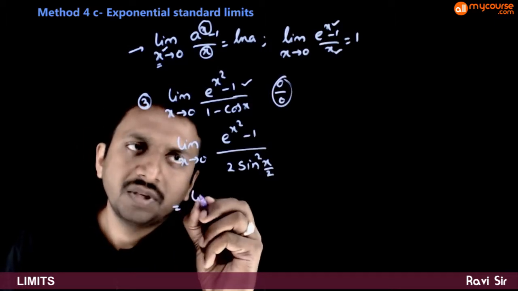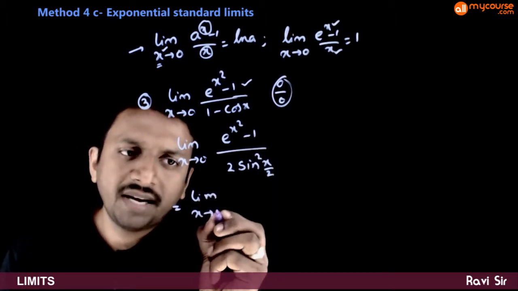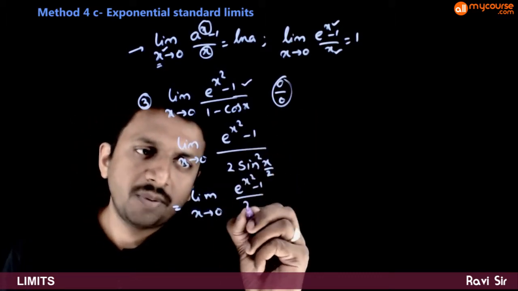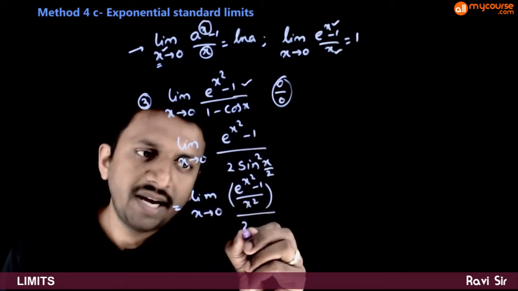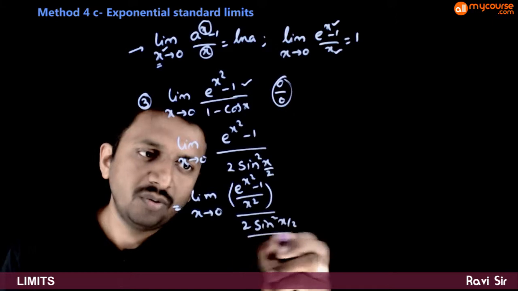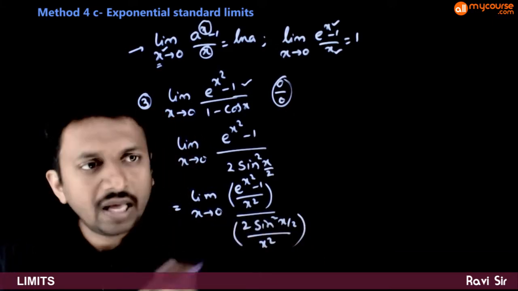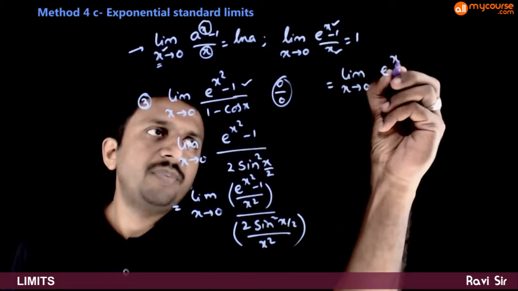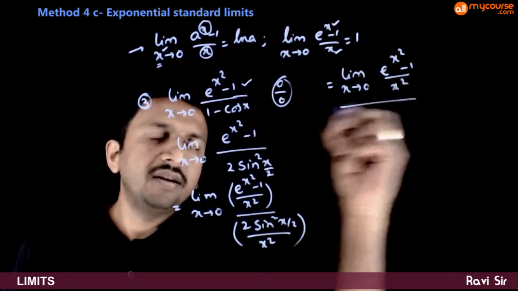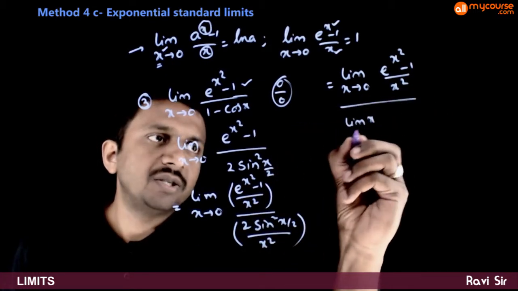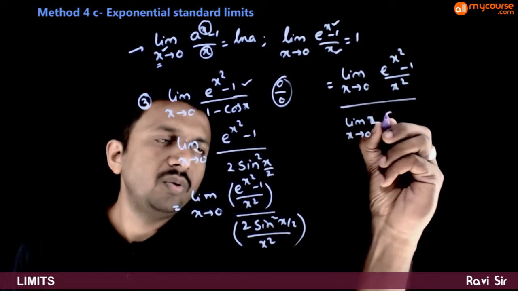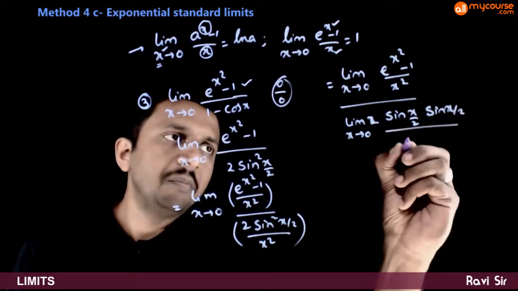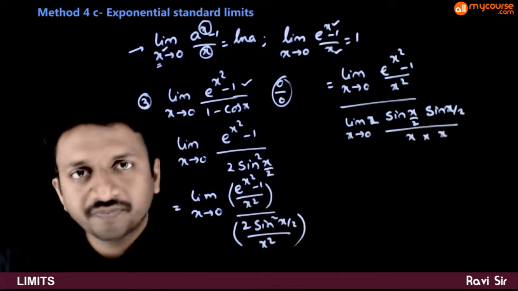So I'll divide both numerator and denominator by x square: ((e^(x^2) - 1)/x^2) divided by (2 sine square (x/2))/x^2. Now I'll separate the limits. That is limit x tends to 0 of (e^(x^2) - 1)/x^2 divided by limit x tends to 0 of 2 sin(x/2) times sin(x/2) by x times x.